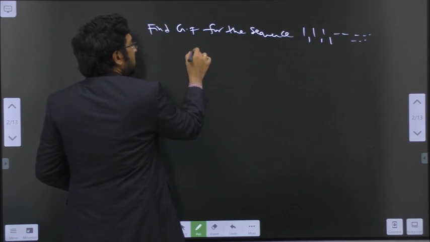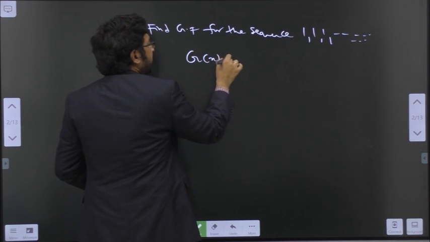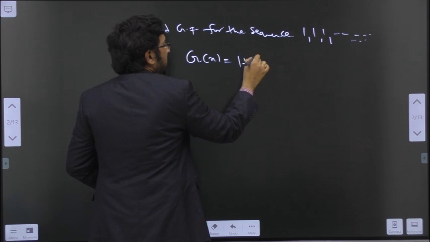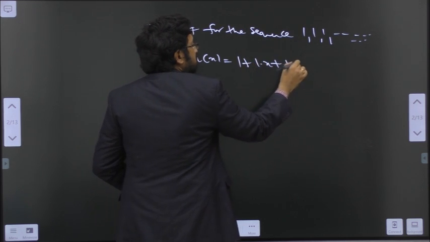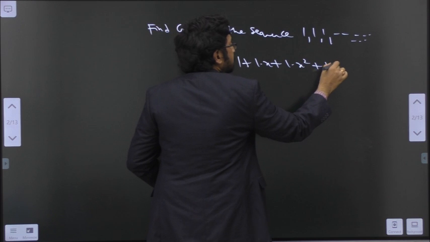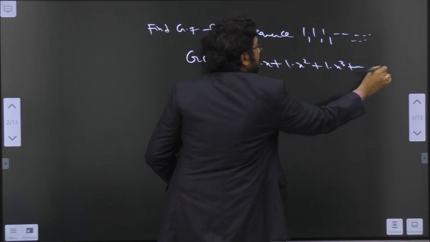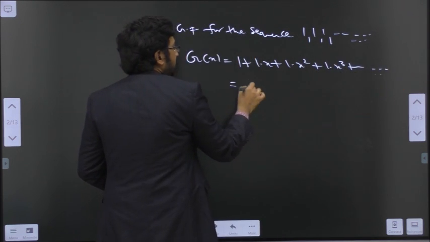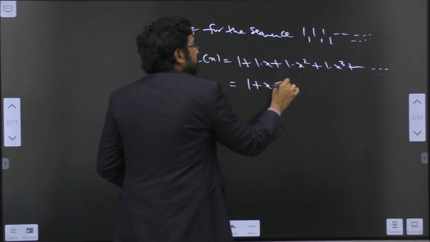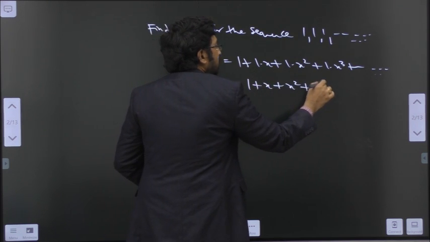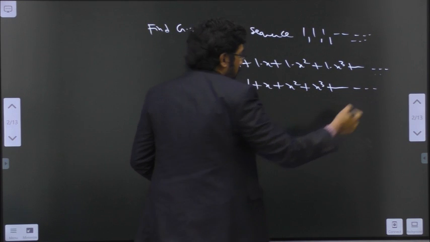So we can write g of x equals 1 plus 1 into x plus 1 into x square plus 1 into x cube plus and so on. So it can be written as 1 plus x plus x square plus x cube plus and so on.